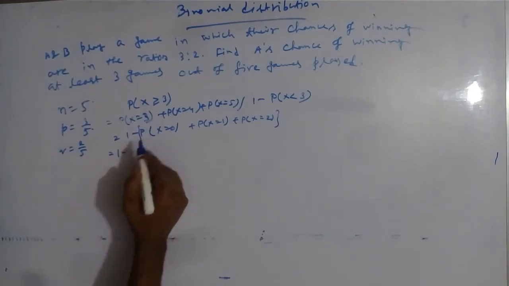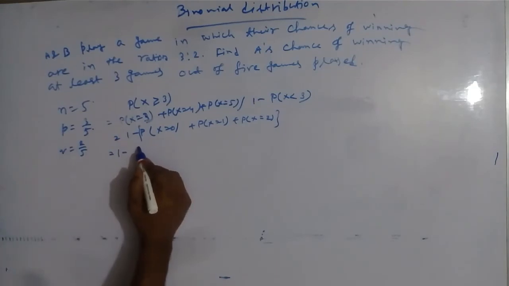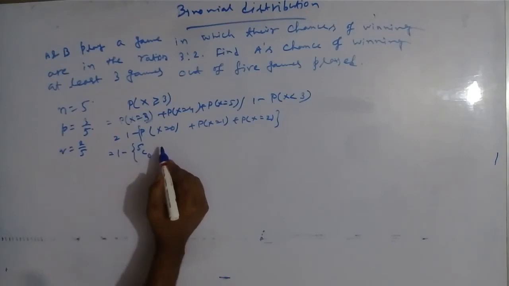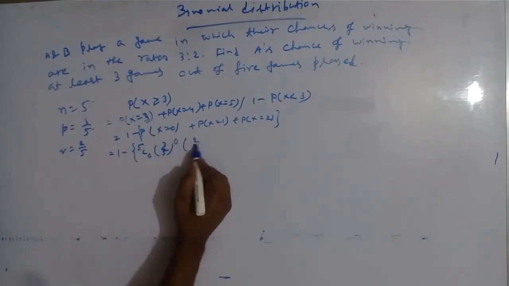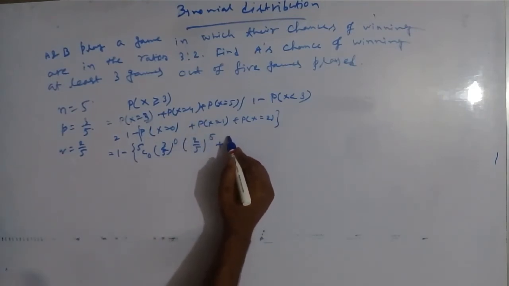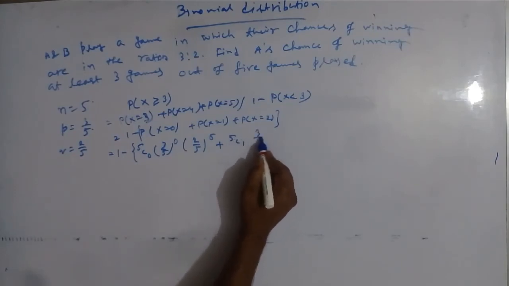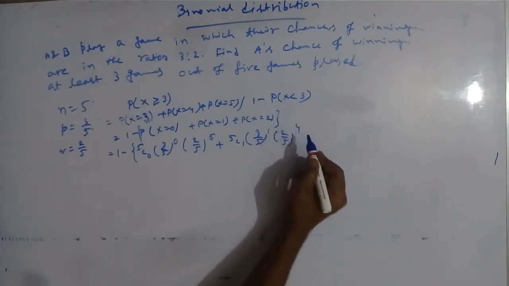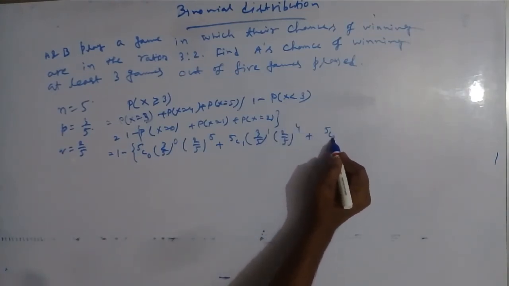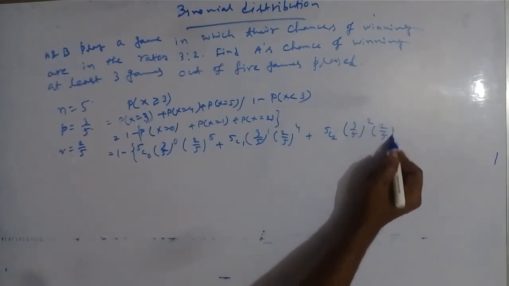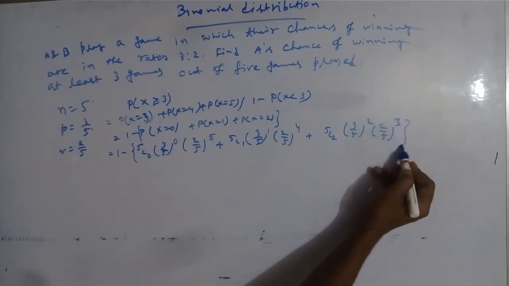Now, what is probability of X equal to 0? This will be 5C0 because n is 5, p is 3 by 5 to the power 0 into 2 by 5 whole to the power 5, plus, for P of X equal to 1, it will be 5C1 3 by 5 to the power 1 into 2 by 5 to the power 5 minus 1, that is 4, plus 5C2 3 by 5 to the power 2 into 2 by 5 to the power 5 minus 2, 3.